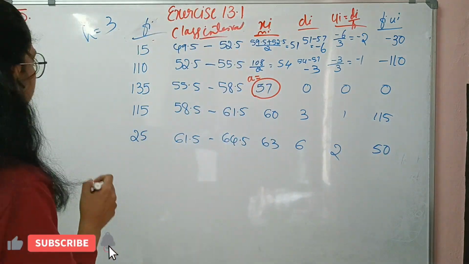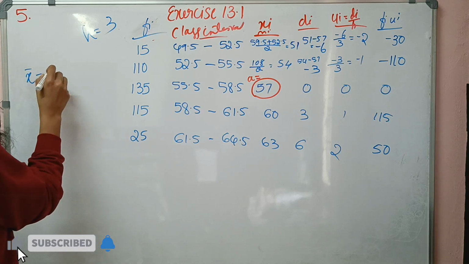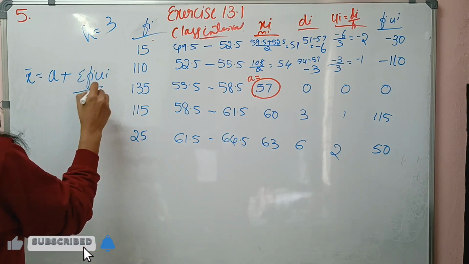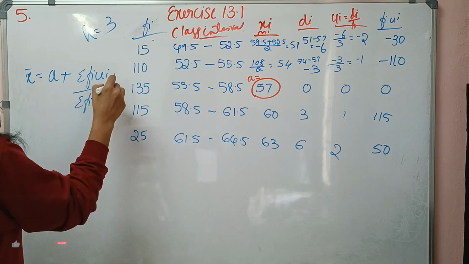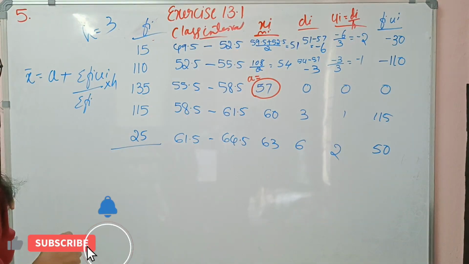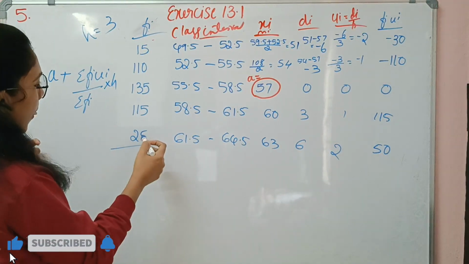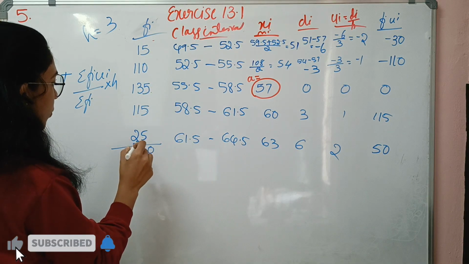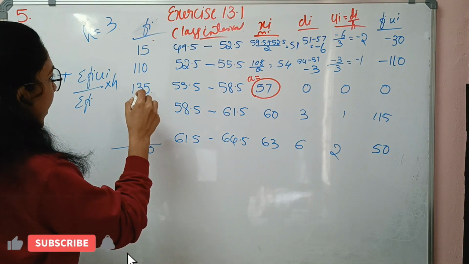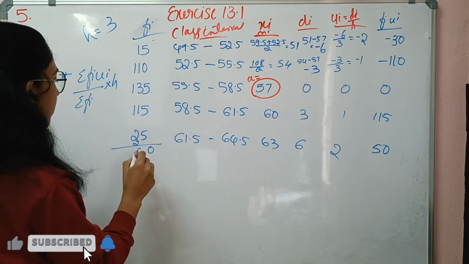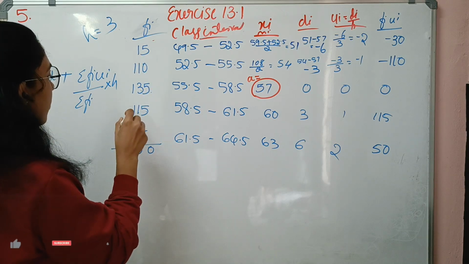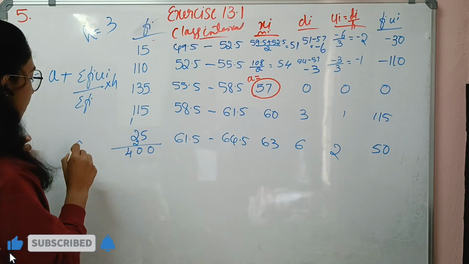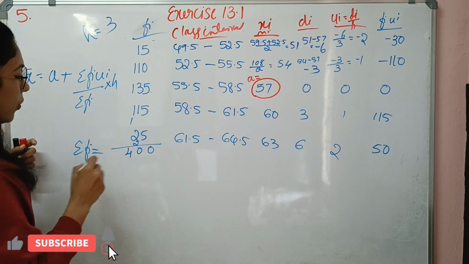And we know the equation, x bar is equal to assumed mean plus summation fi ui divided by summation fi, into h. What is summation fi? Adding the frequencies, we get 400. So summation fi is equal to 400.